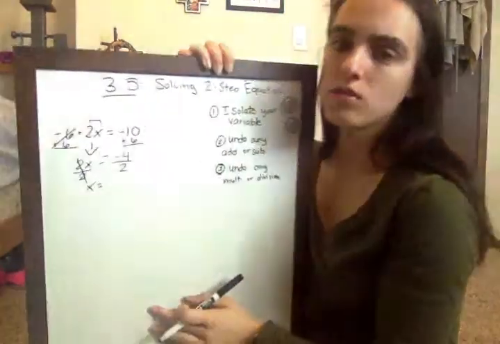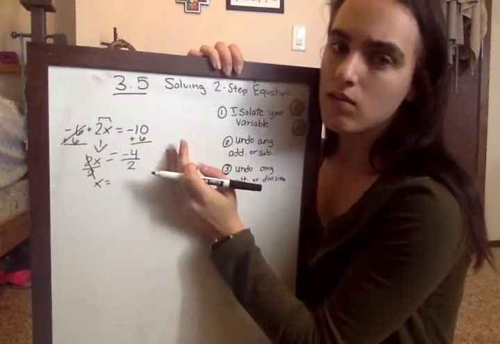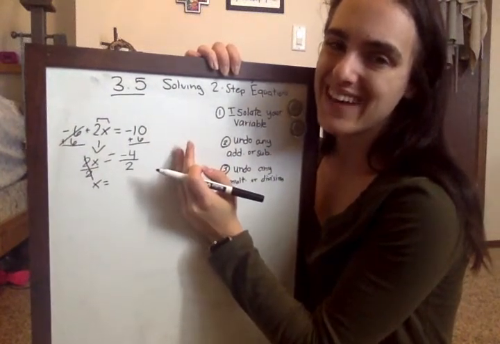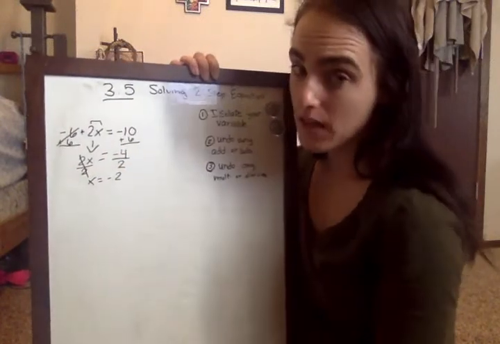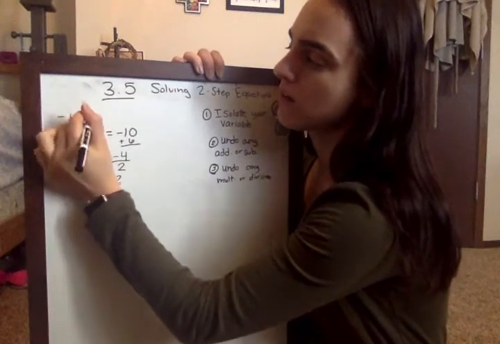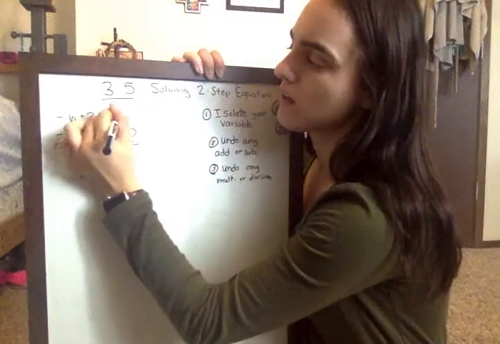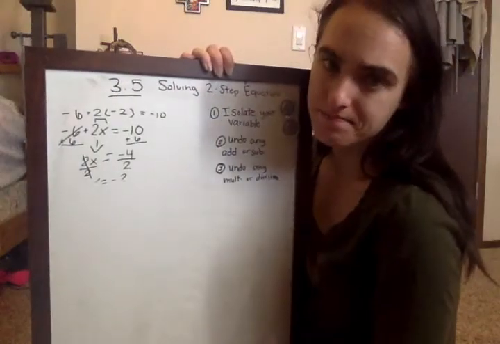-4 divided by 2. A negative divided by a positive is a -2. X equals -2. So let's think about this. -6 plus 2 times a -2 equals hopefully -10.